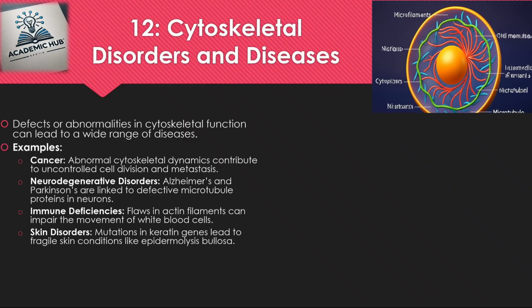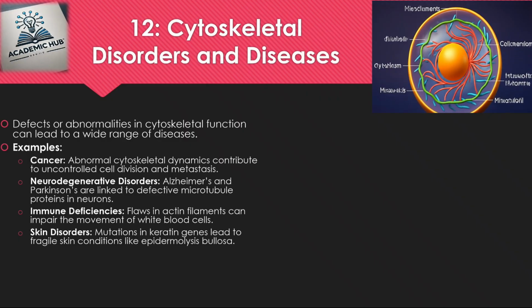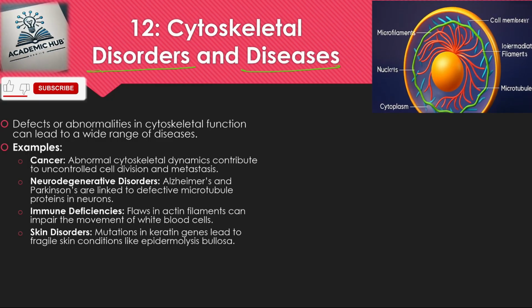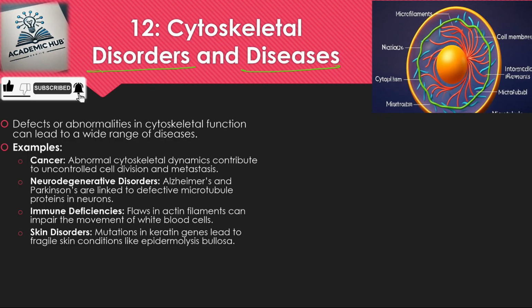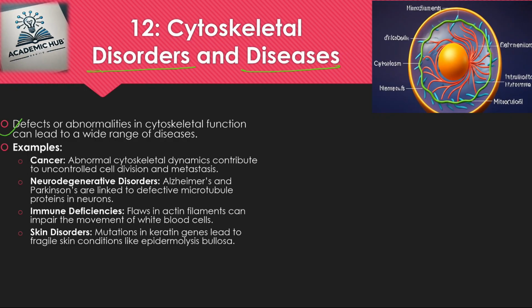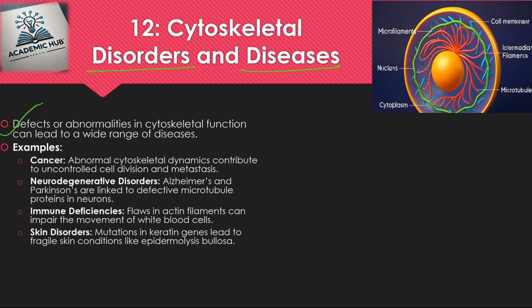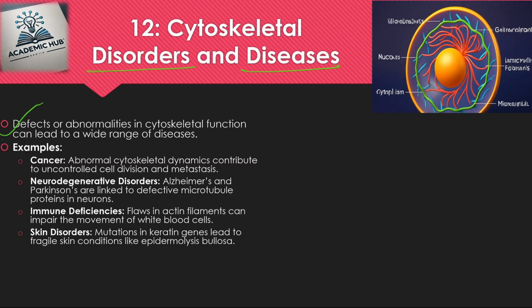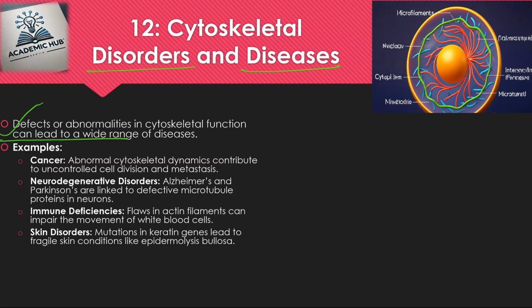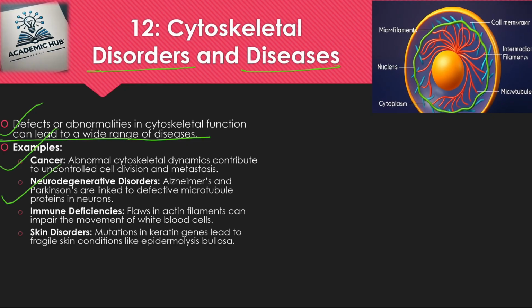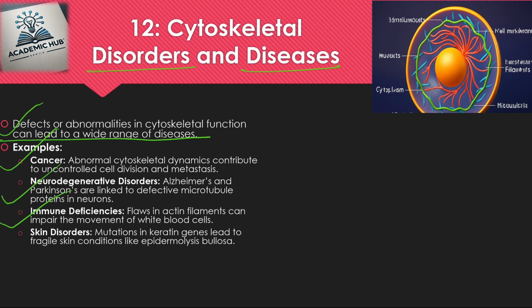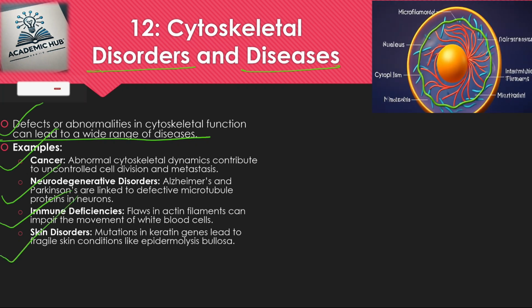Now next is cytoskeletal disorders and diseases. How do disorders and diseases occur if there is any deficiency or improperness in the cytoskeleton? Defects or abnormalities in cytoskeleton functions can lead to a wide range of diseases. Examples are cancer, neurodegenerative diseases, immune deficiencies, and skin disorders.